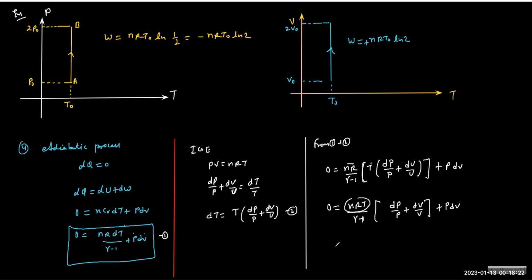Tell me guys, yes or no? So now we have PV upon gamma minus 1, then dP by P plus dV by V. Of course, you can multiply PV inside.